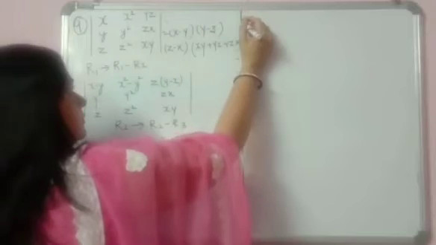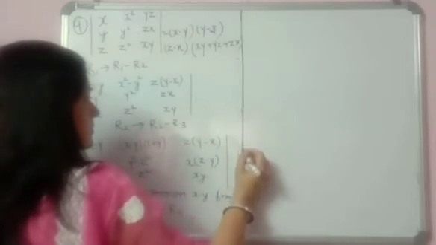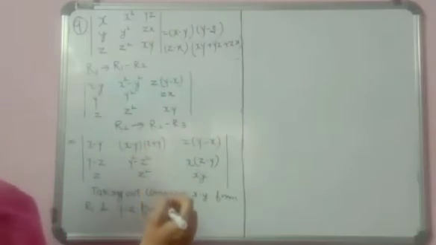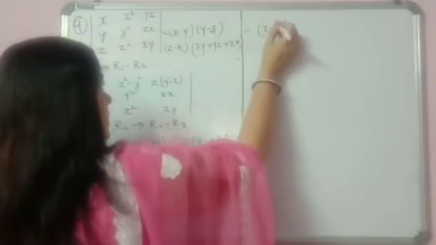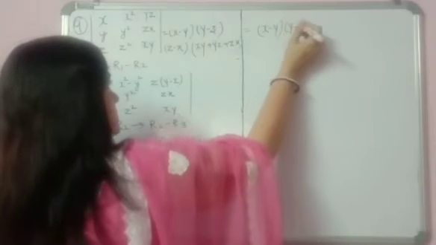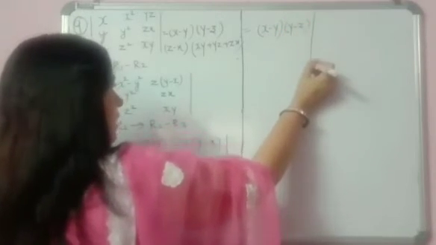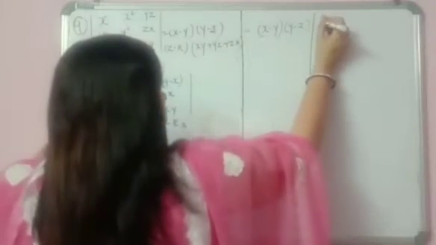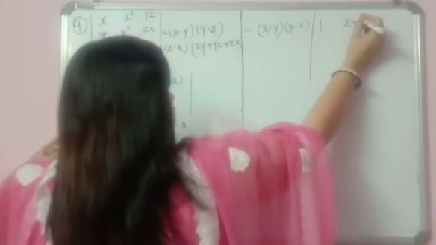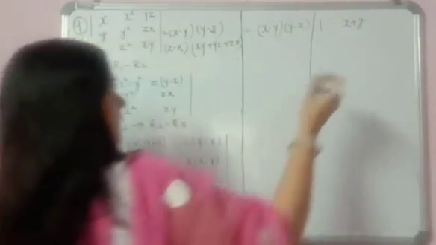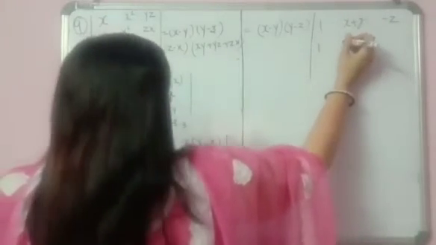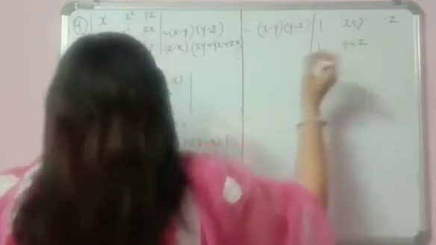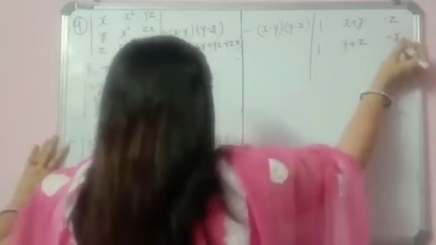So now you have x minus y, y minus z, and 1, x plus y and minus z, then from R2, 1, y plus z and minus x.